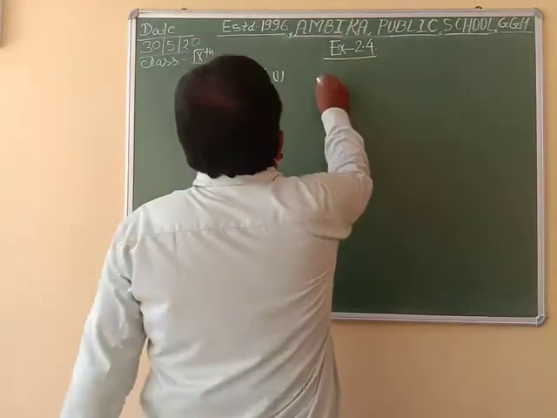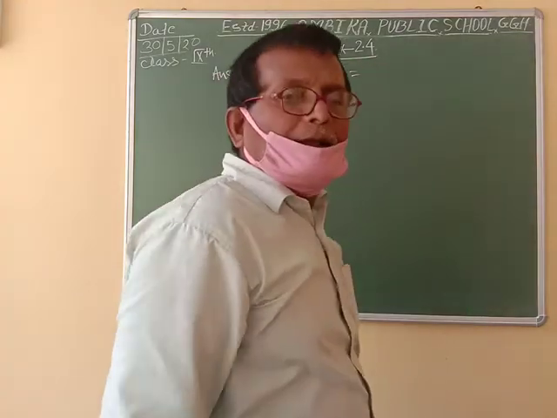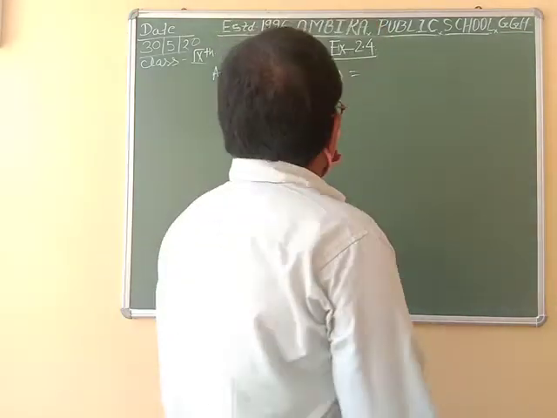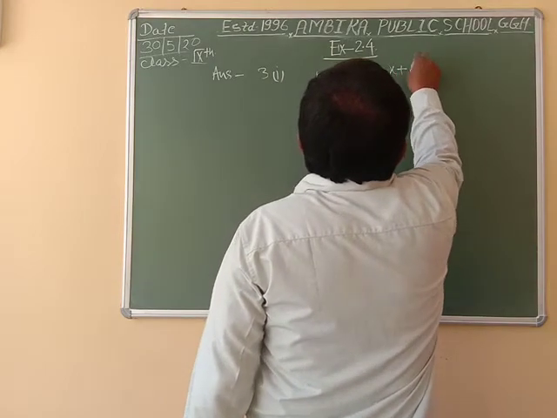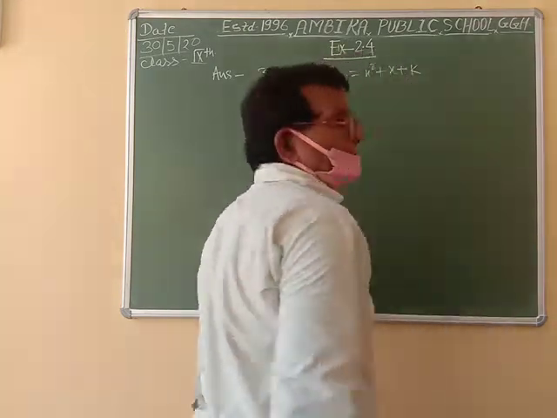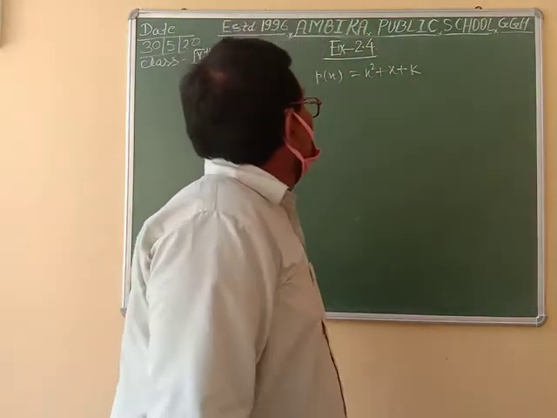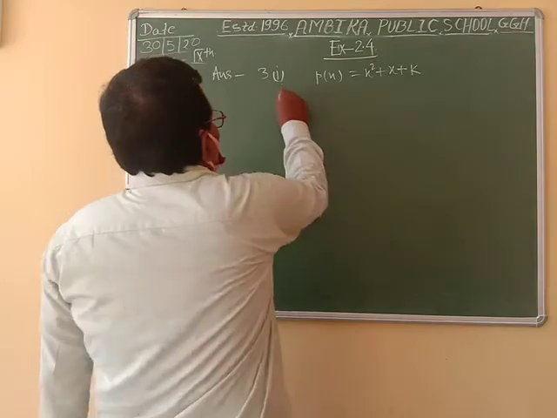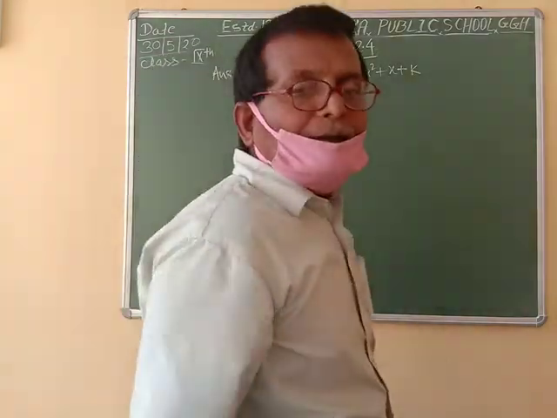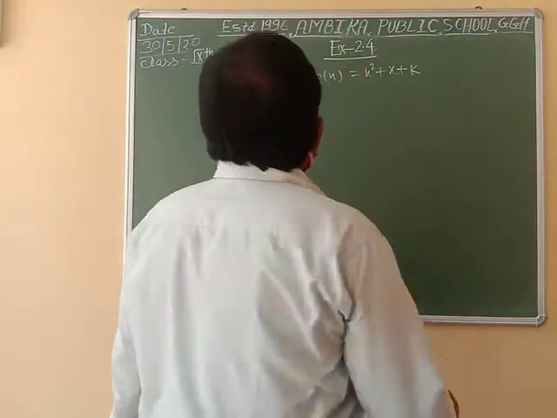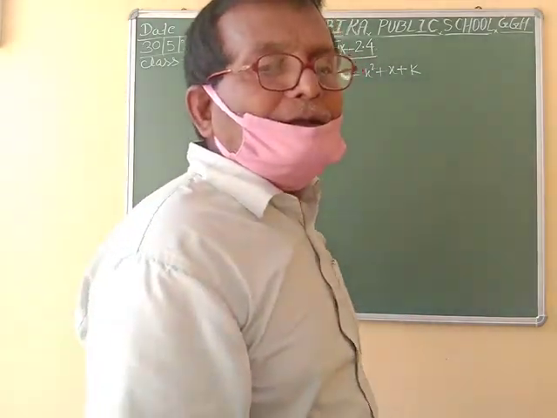p(x) is equal to x square plus x plus k. Here x minus 1 is a factor of p(x).